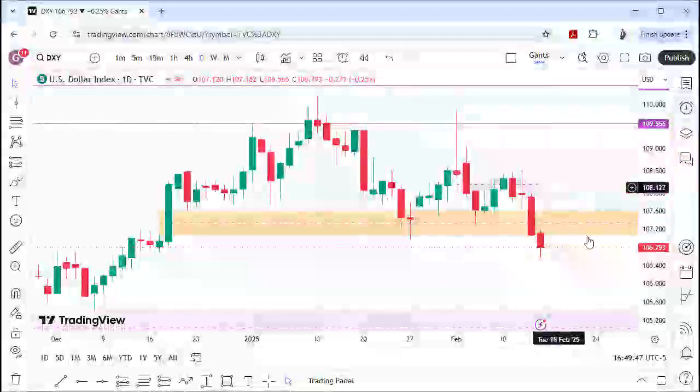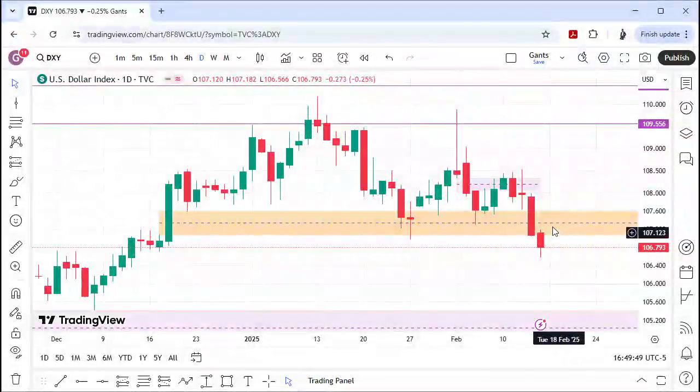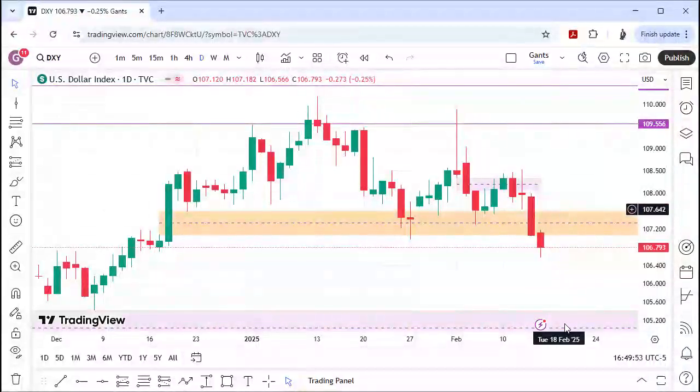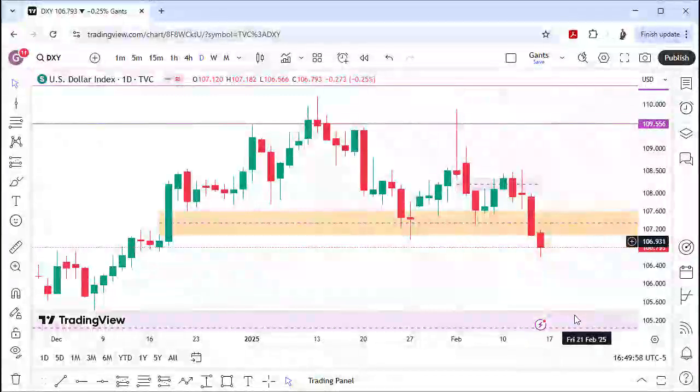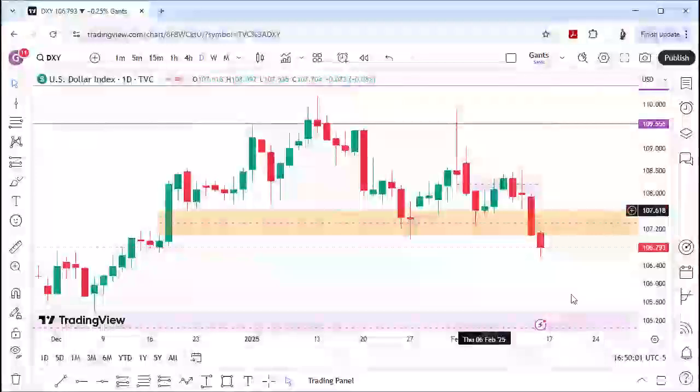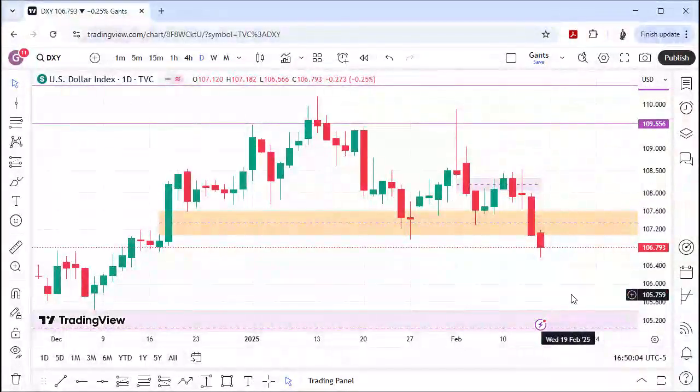The wicks could trade through, but the body should respect the 50%, the mean threshold. That's what I'm looking at. Then Tuesday, Wednesday should have a reversal movement downward to start trading lower. So that's my anticipation for the dollar index.